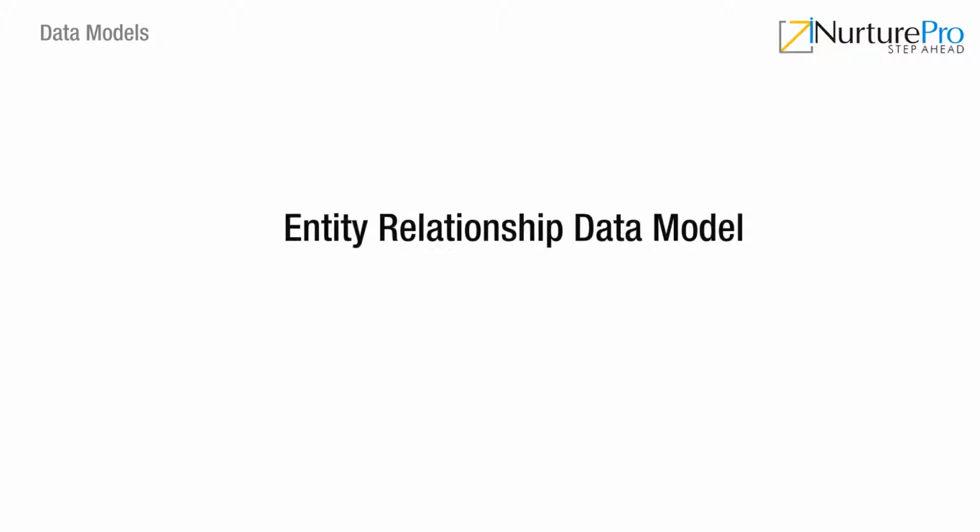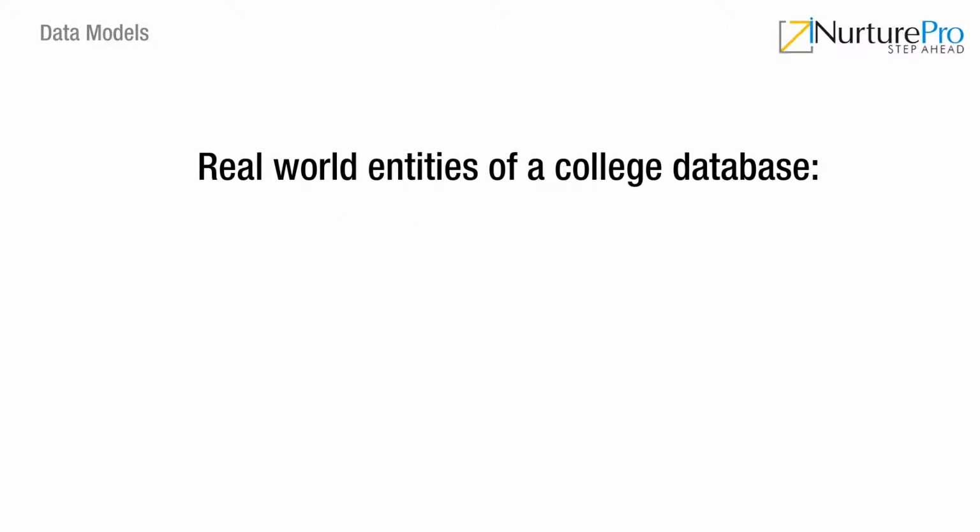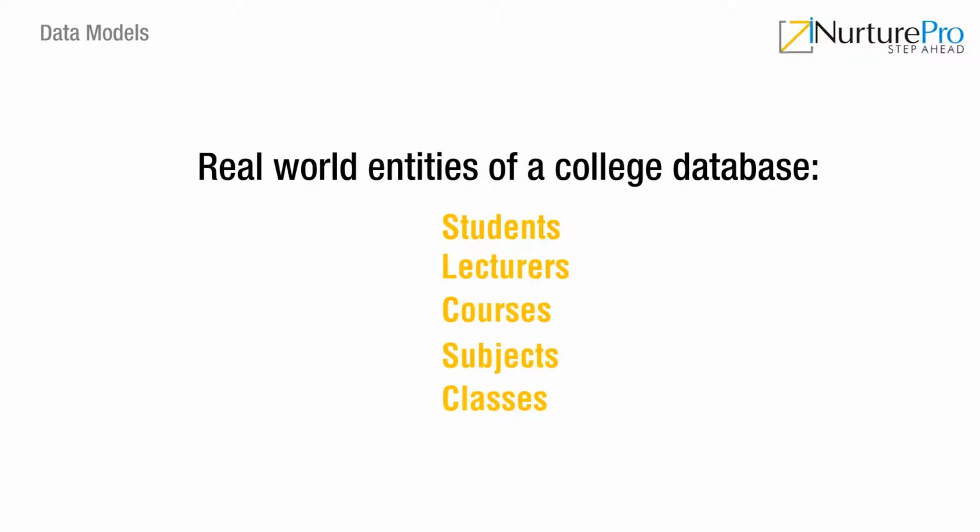Before looking at the definition of entity relationship data model, let's understand it by taking an example. Consider we have to design a database for a college, and the real-world entities that are involved with the college are students, lecturers, courses, subjects, classes, and others.